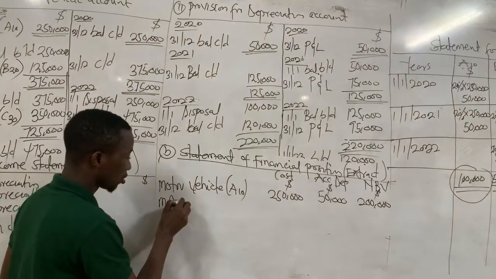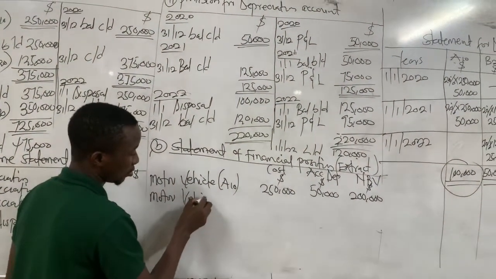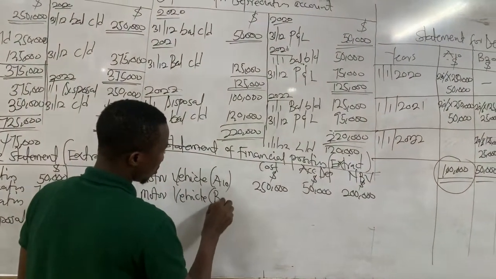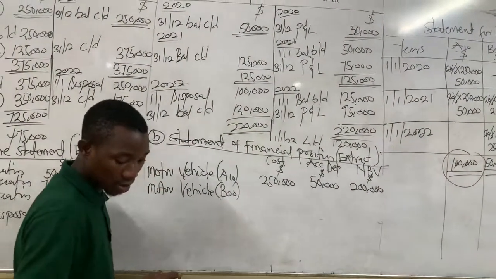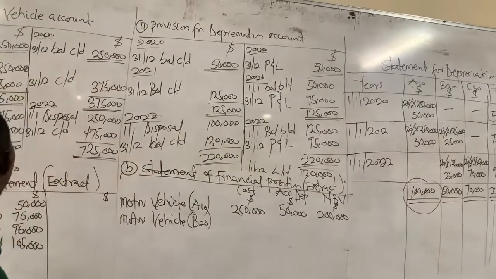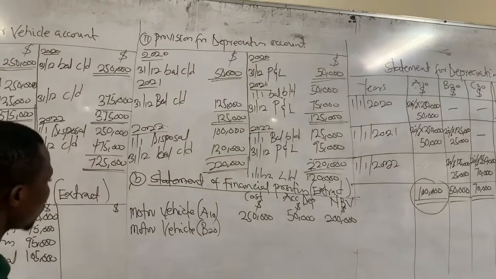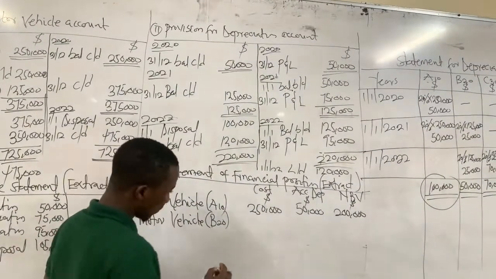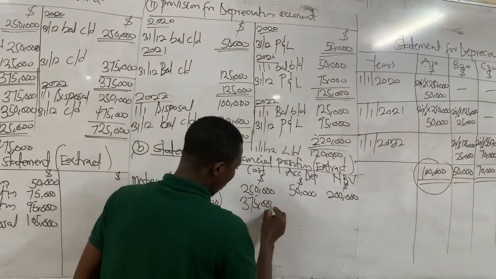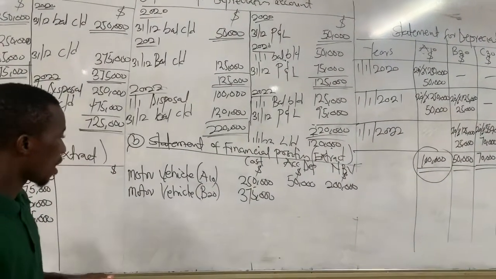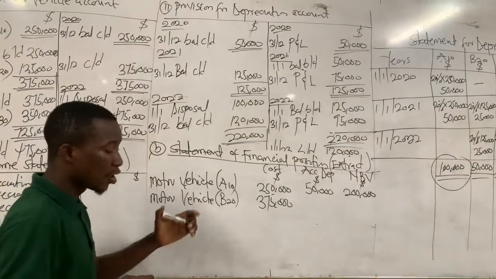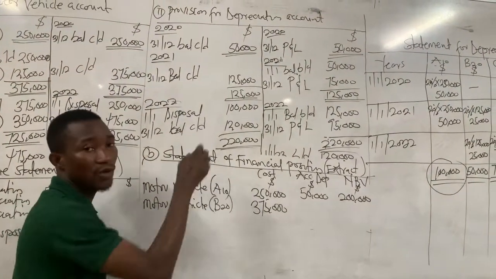Then we consider the next motor vehicle. So motor vehicle. But this time that is B20. And the cost is 375,000. Okay, B20. Sorry, 375,000. But because we are preparing this for the whole motor vehicle at a time, there is no even need for us to be bringing the individual motor vehicle.